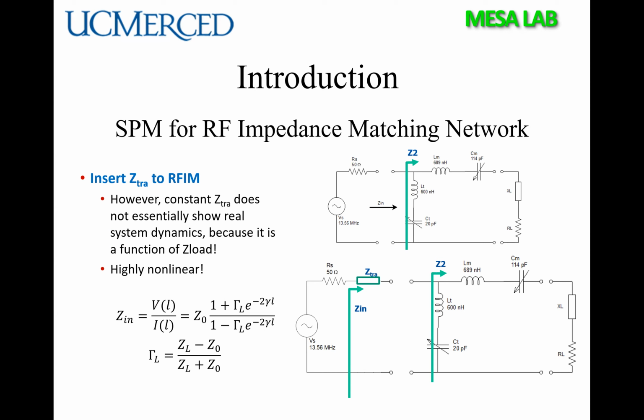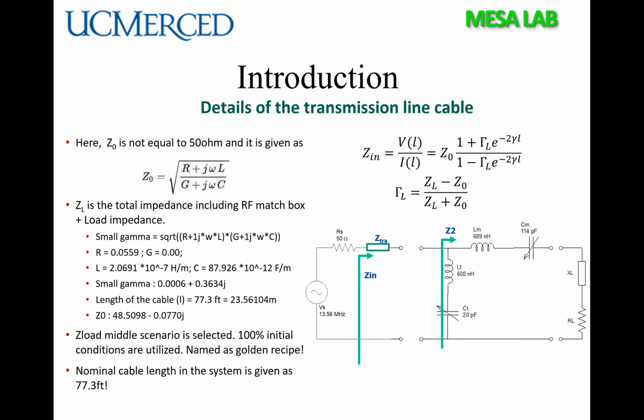As a combination of the load, impedance matching network, and the transmission line impedance, the resulting matching impedance is highly nonlinear, and it's a function of different properties, including the impedance matching network and also the cable properties. So if you consider the cable properties, you can solve for the nominal cable length for a given system.